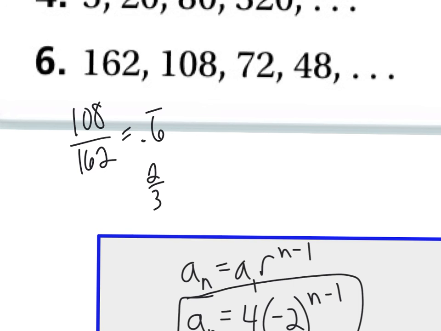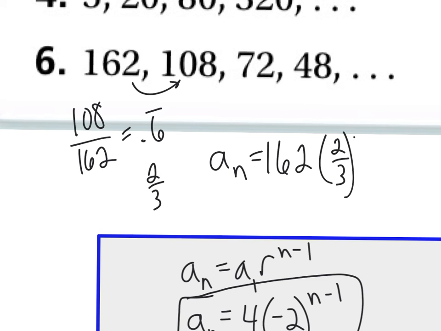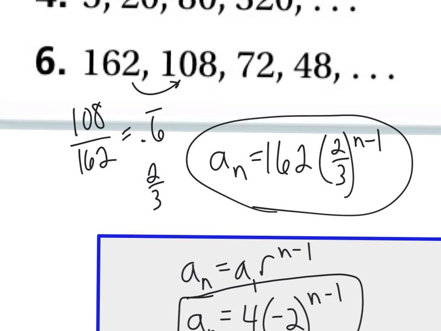So we can try this with the other numbers as well, but it actually works out for all of these. They're multiplying by 2/3, so a sub n equals 162 times 2/3 to the n minus 1 would be our explicit formula for that problem.